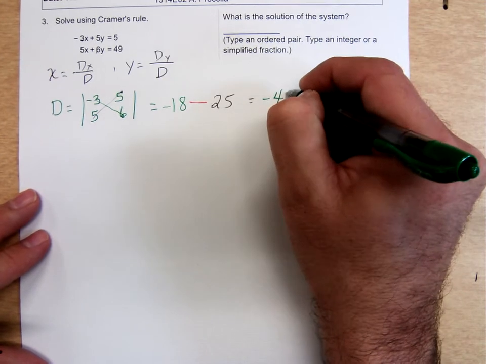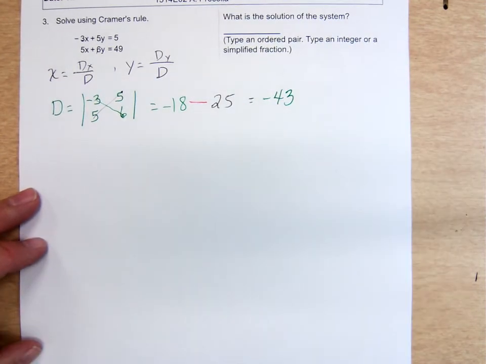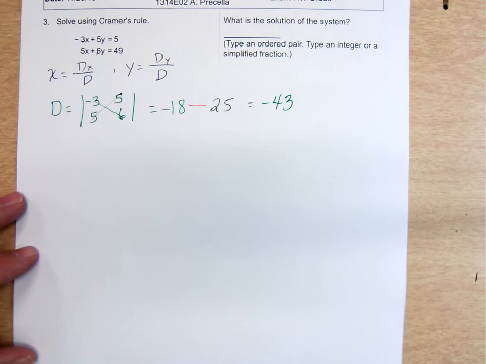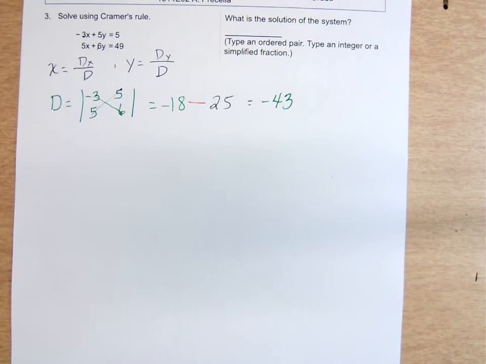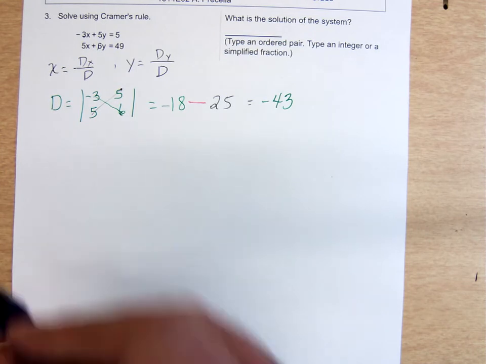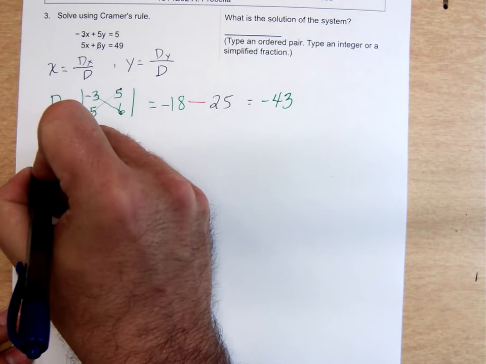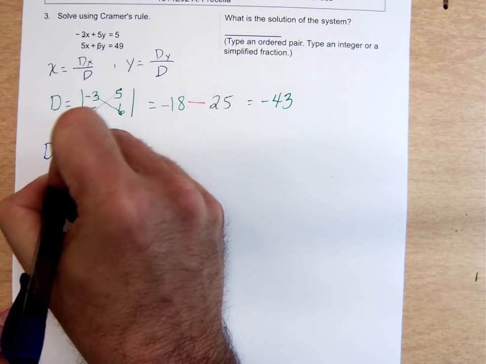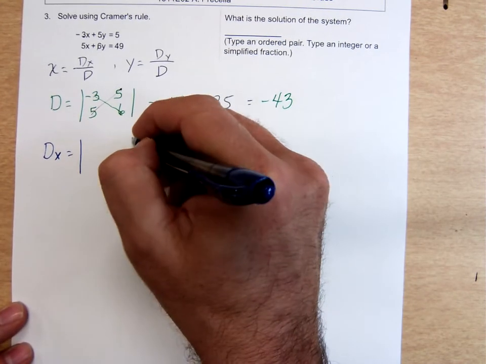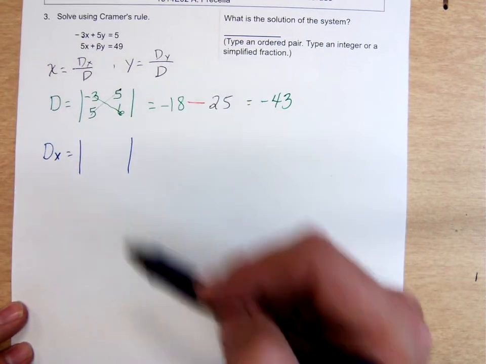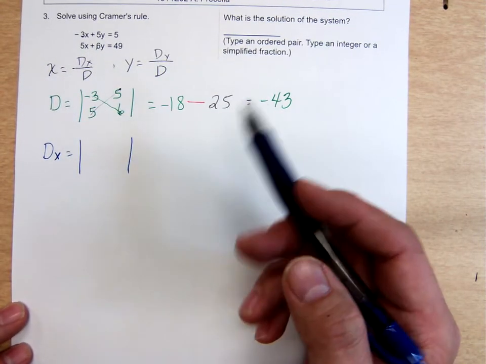Y'all caught up with me? Are there any questions? This problem's similar to the one we just did, isn't it? So to find dx. Now, the order in which you find these dx's and d's and dy's doesn't matter.